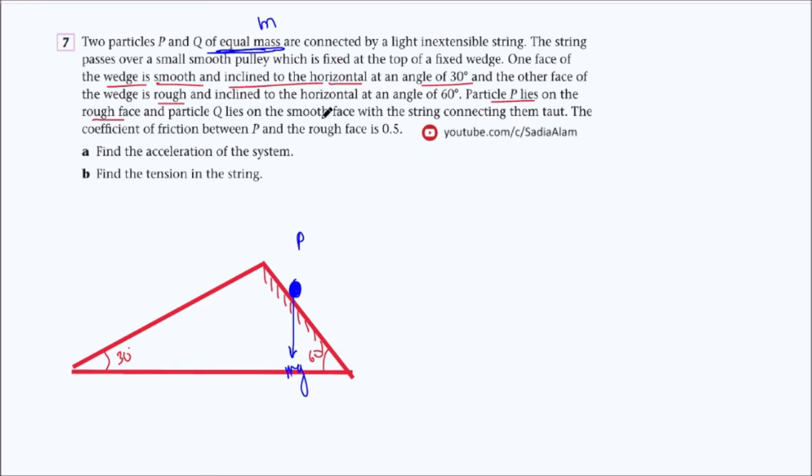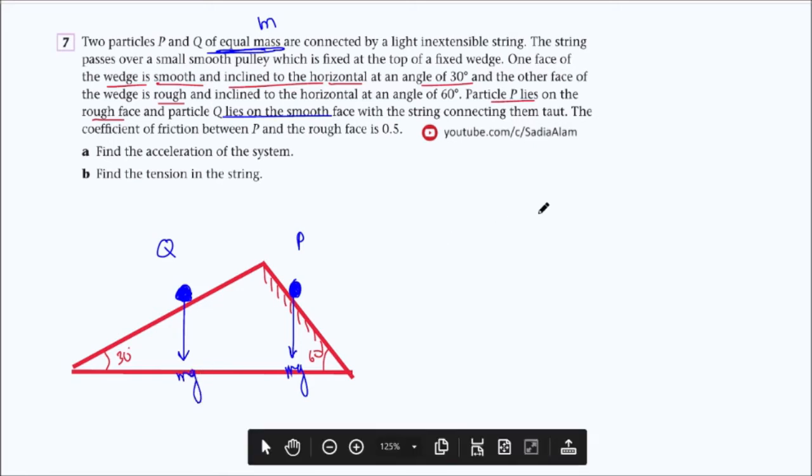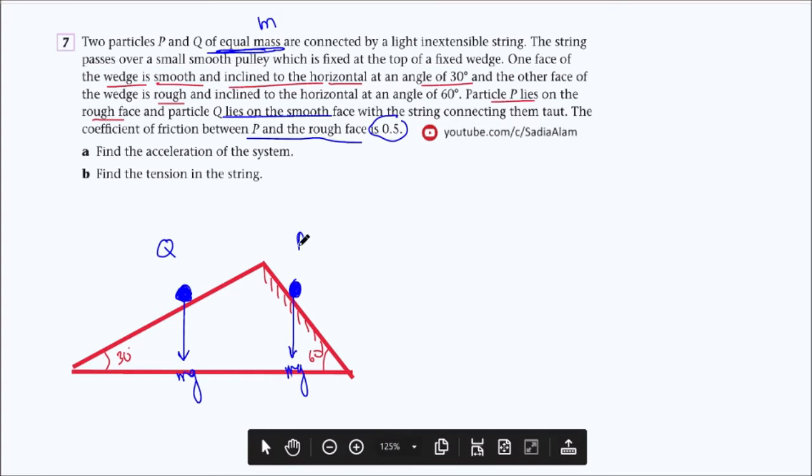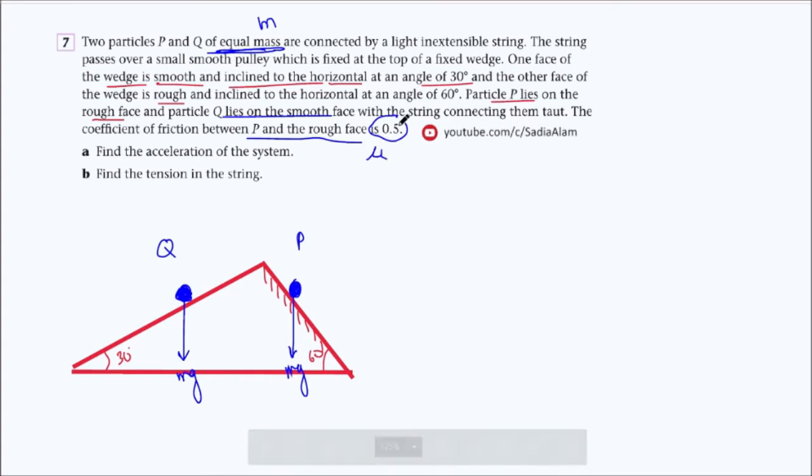Particle Q lies on the smooth face. Okay, so we have to take particle Q here, so that's particle Q, so weight is mg. The coefficient of friction between P and the rough face is 0.5. So for this surface, since we have to include the frictional force, mu is already given 0.5.